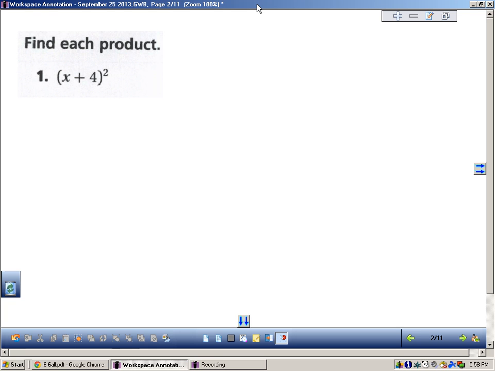This would be the square of a binomial. Okay, so we have a binomial, and we're going to expand it: x plus 4 squared. So the quantity x plus 4 is being squared.